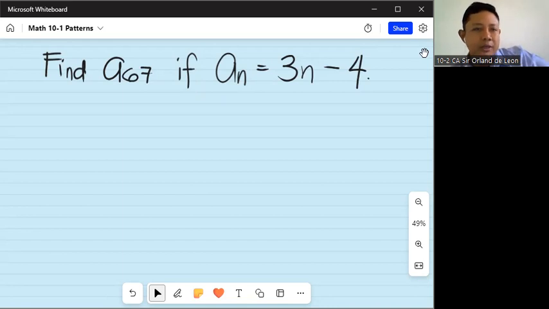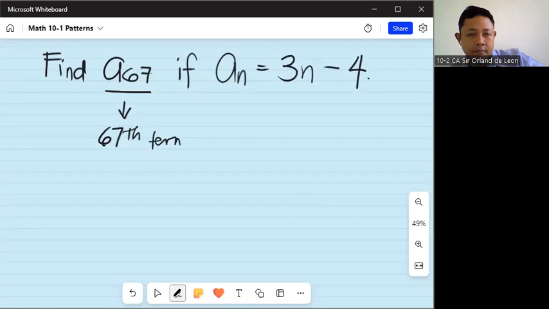So let us now do the process. Okay, since we are looking for the 67th term, because it's A sub 67, right? So this is the 67th term. Okay, so therefore the value of n is equal to 67.